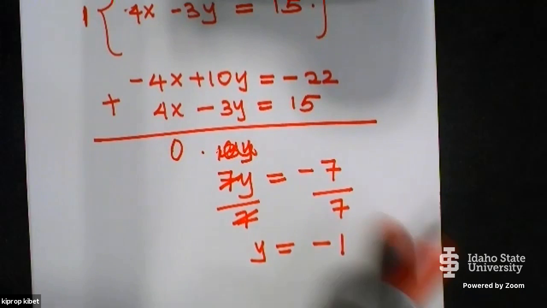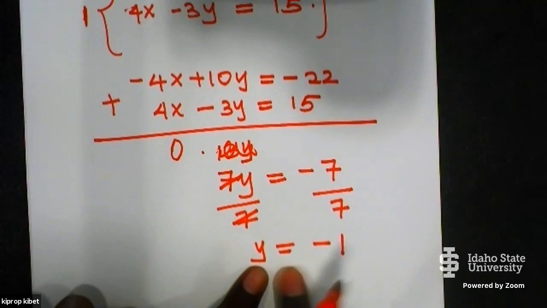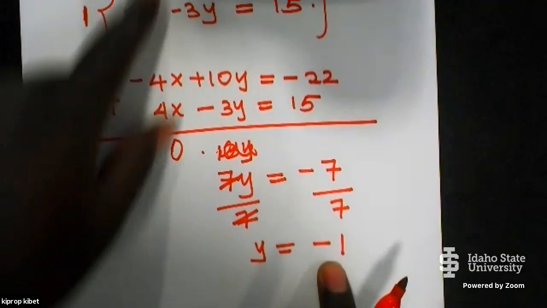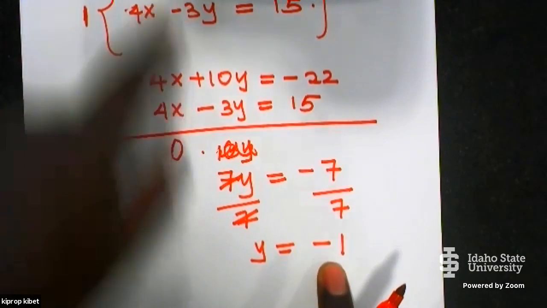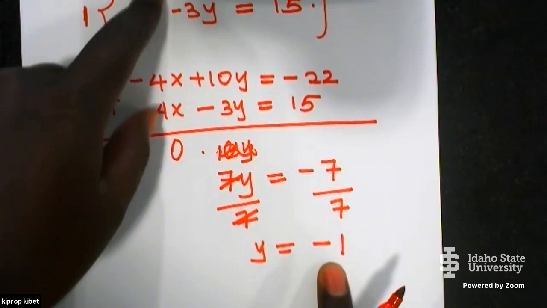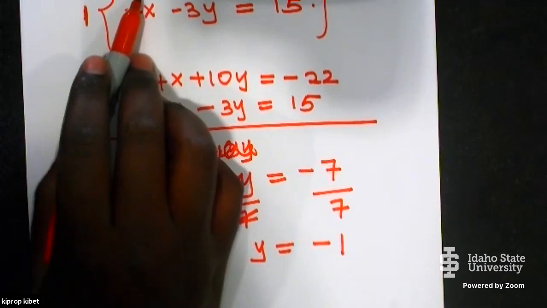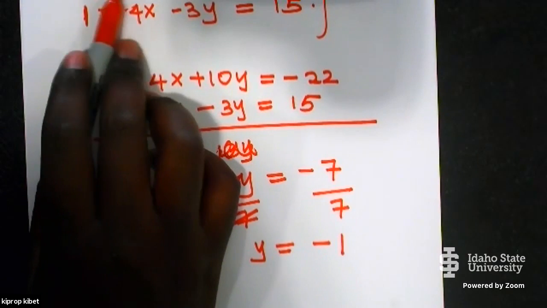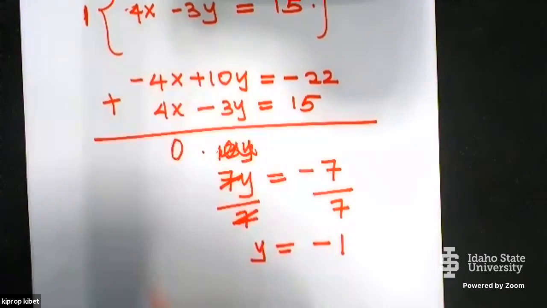What you do here is bring the value of y to any of the equations. You can substitute the value of y in the first equation or the second one. So we can do it in the first equation.